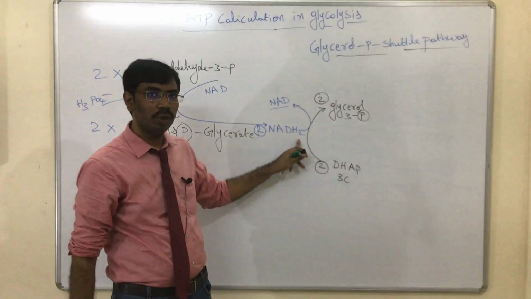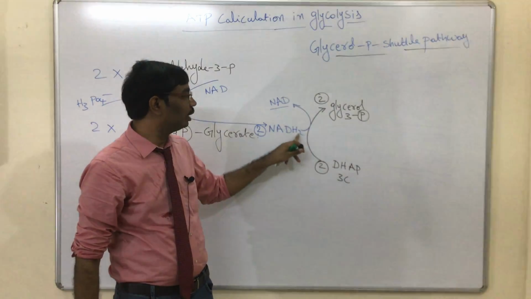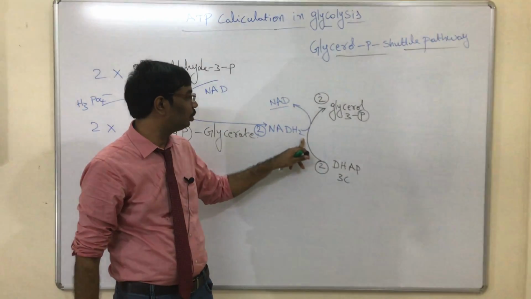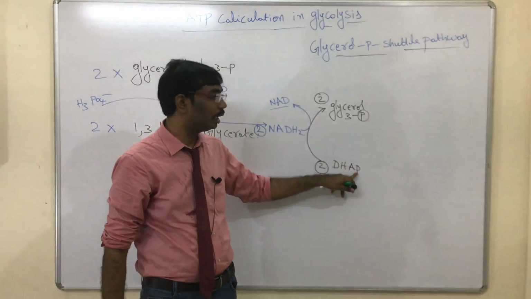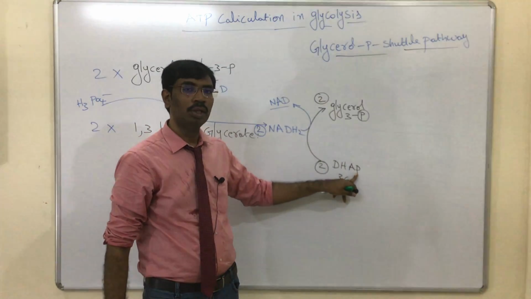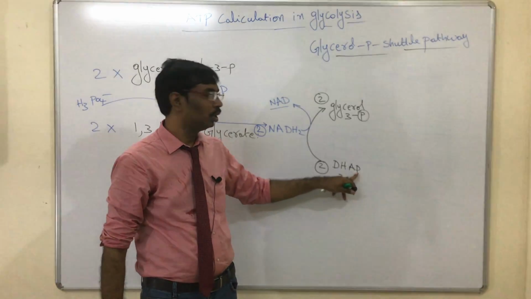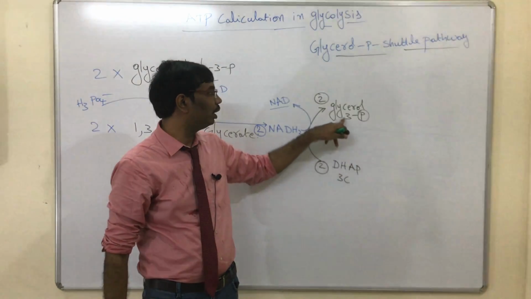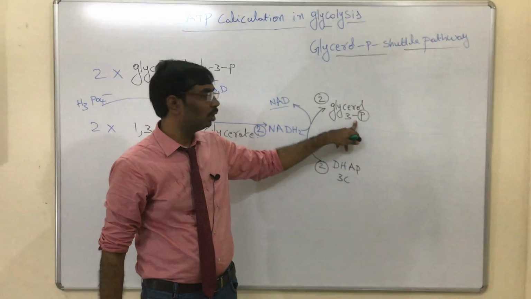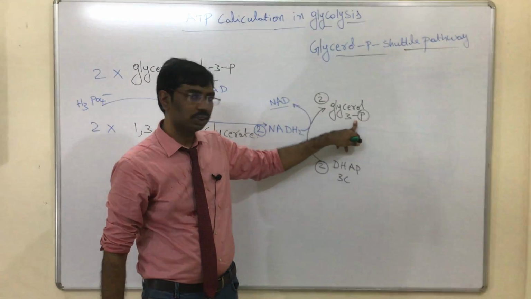Who provided those 2 hydrogens? That is NADH2. So NADH2 provided 2 hydrogens to the DHAP. So each DHAP receives 2 hydrogens. So the DHAP is converted into 2 molecules of glycerol 3-phosphate.